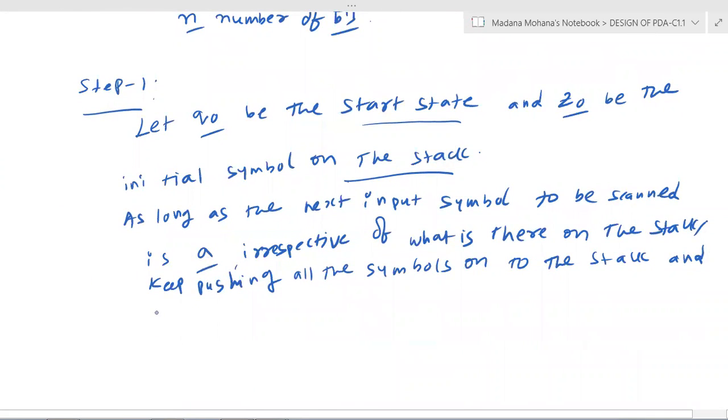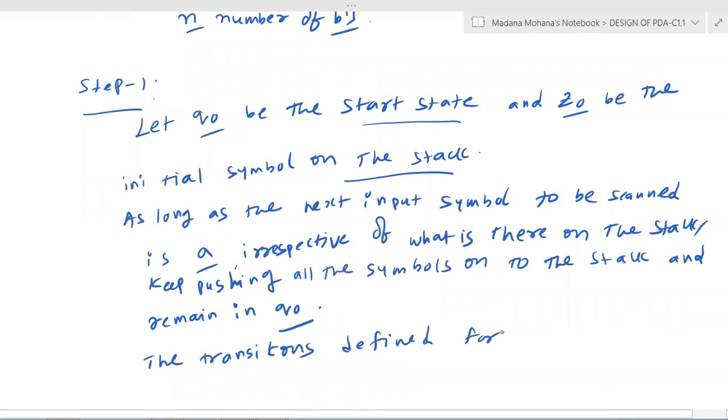Whenever you are pushing or inserting, remain in Q naught, that is the same state. Here we can't change the state. Now for this, the transitions defined can be of the following form.